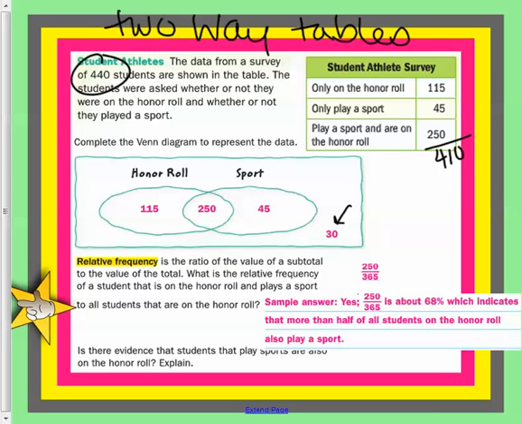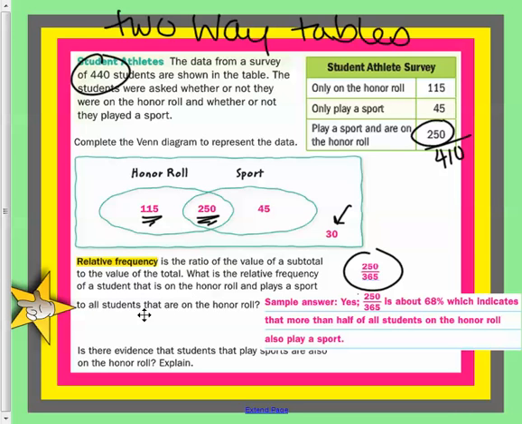The relative frequency of students that are on honor roll and playing sports are the 250 out of, and that's to all the kids that are on honor roll. So if we look at the honor roll kids, it's this 115 and this 250, so a total of 365. So that's where we get this fraction.